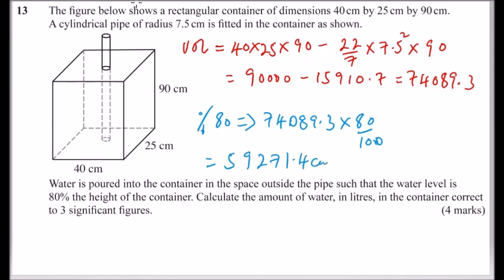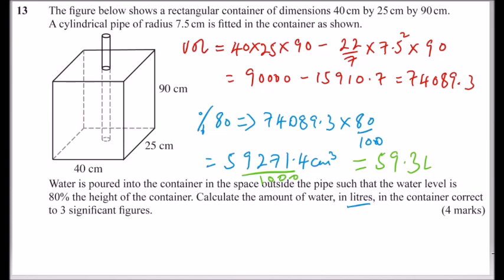These are centimeter cubed, and we are told to express in terms of liters, and therefore we divide this by 1,000, because 1,000 centimeter cubed is equal to one liter, and that should give you 59.3 liters.